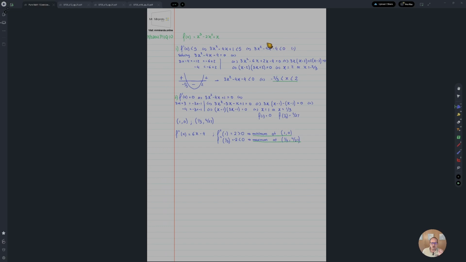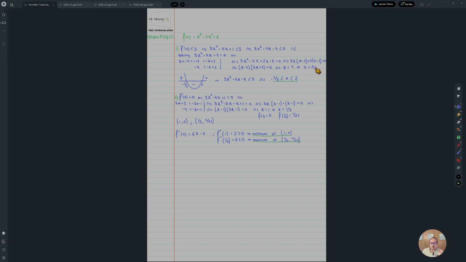I solve this inequality as a quadratic, and I equal it to 0 to find the values of x for which it is 0. I did this by factorizing, and I got the values x equals 2 and minus 2/3.